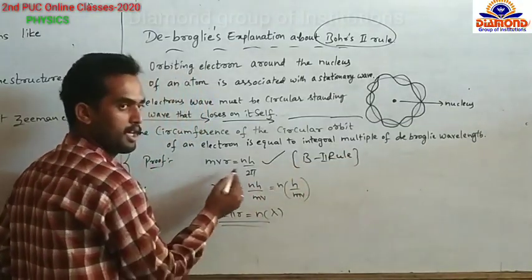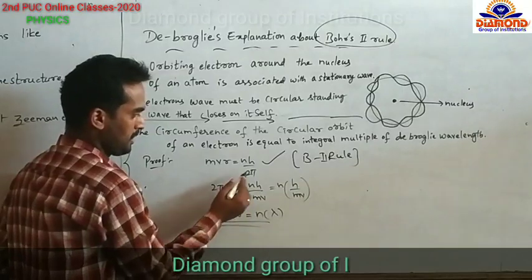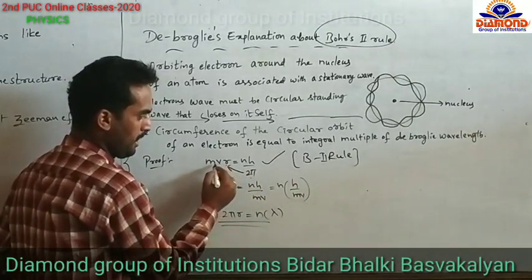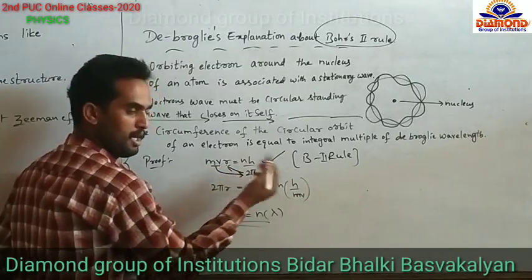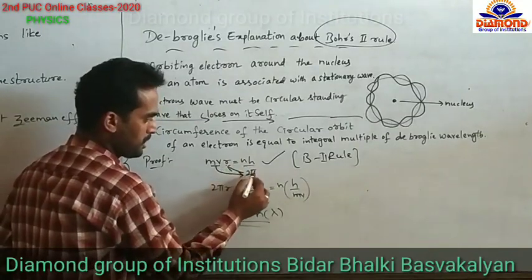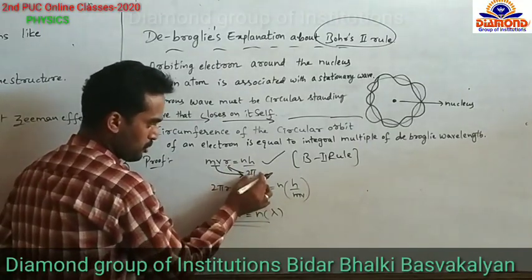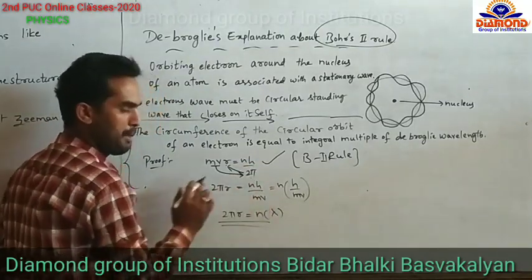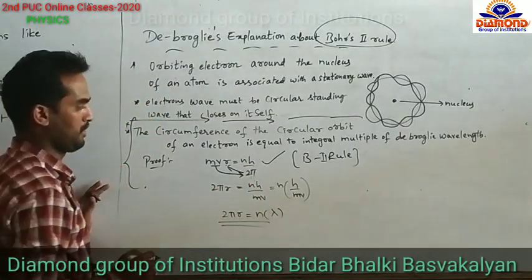So what is the formula? mvr equal to nh by 2 pi. See here, 2 pi into r. So we take 2 pi here and move mv to the right side. So it becomes 2 pi r equal to n into h divided by m into v, mass into velocity.